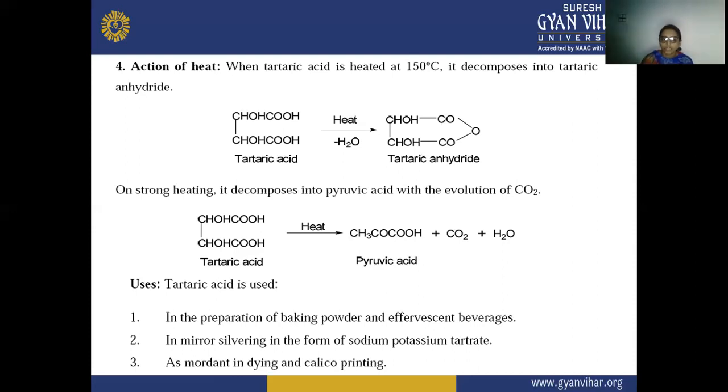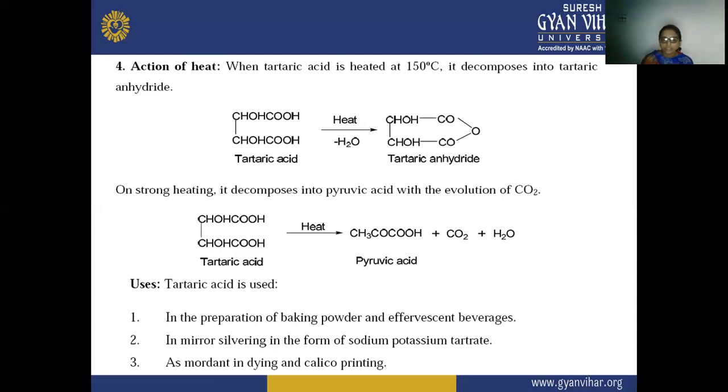So on strong heating, tartaric acid decomposes into pyruvic acid, and there is also the evolution of carbon dioxide plus a water molecule.